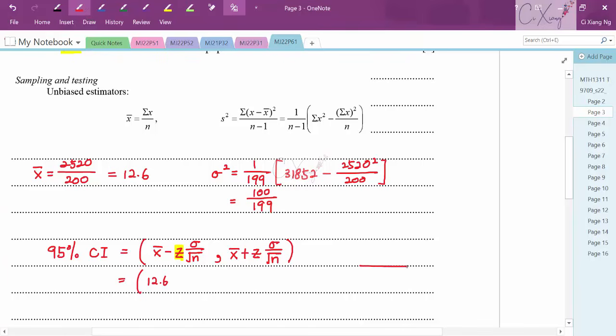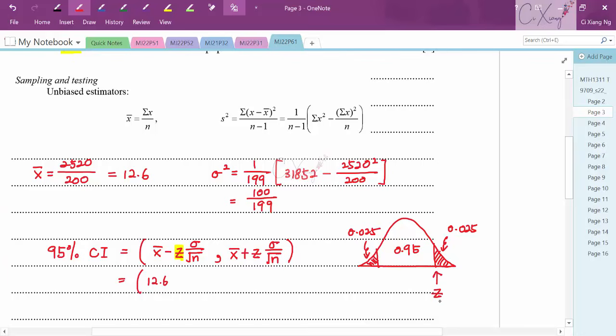Generally you can imagine that we have a normal graph. 95% means you have 95% in the center, so we have both tails here. For each side, the area will be 0.025 and 0.025, so that when you total up all the area, it equals 1. And this is the value of z.